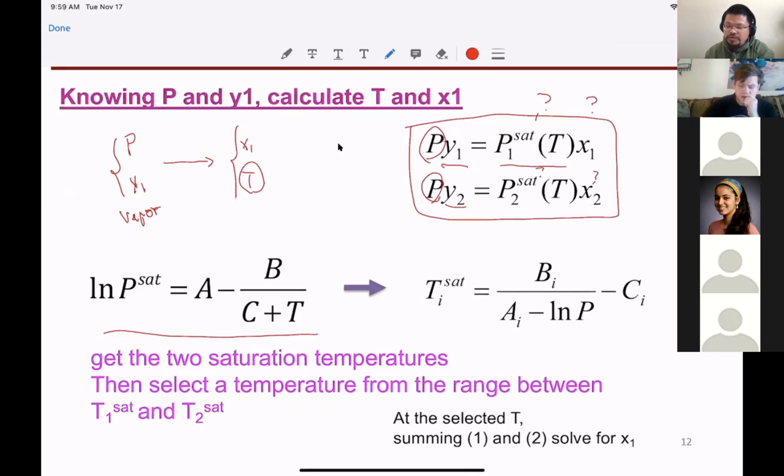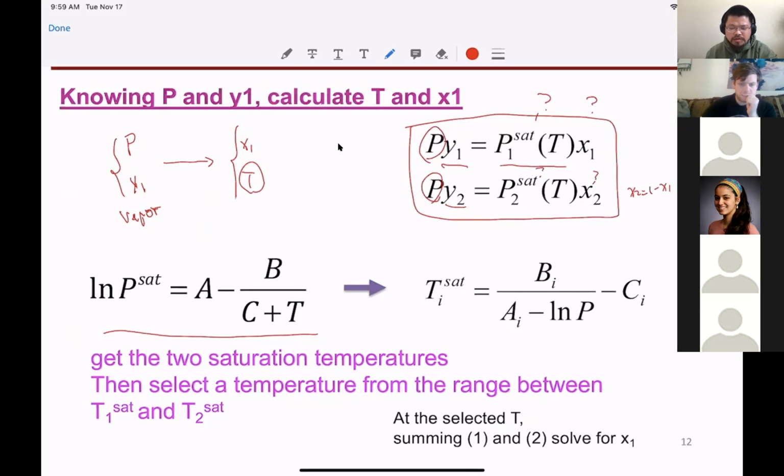So we have four unknowns, but we can reduce x2 as 1 minus x1. So essentially, we are having three unknown parameters out of two equations, right? This is why we need to run the iteration with the help of the Antoine equation.